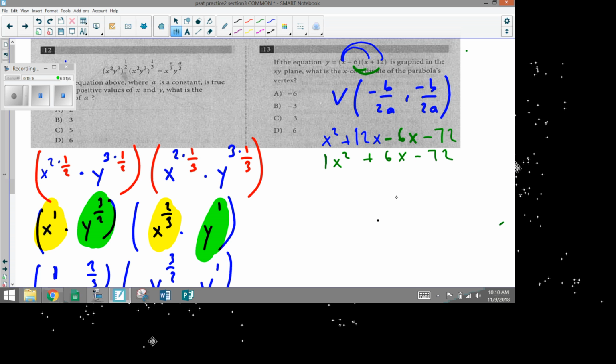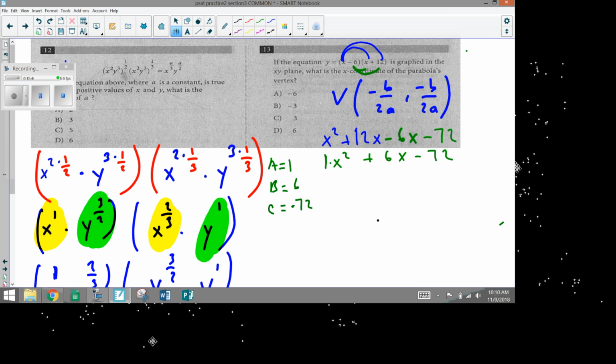There is 1, correct? So A is equal to 1, B is equal to 6, right? C is equal to negative 72. I think I forgot to tell, these are the ordered pairs, X and Y. These are ordered pairs, okay?